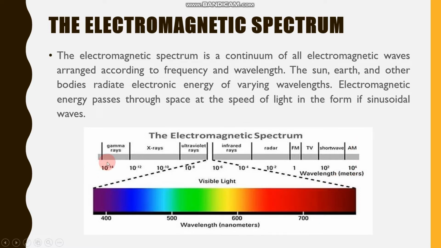And this electromagnetic spectrum po is kabuuan yan ng electromagnetic waves yan na nga na tinutukoy natin na arrange according to their frequency and wavelength. So, try to imagine that for example, ikaw ay nanonood ng TV, diba? Nakikinig ng radyo, nagluluto ng pagkain mo using the microwave oven.